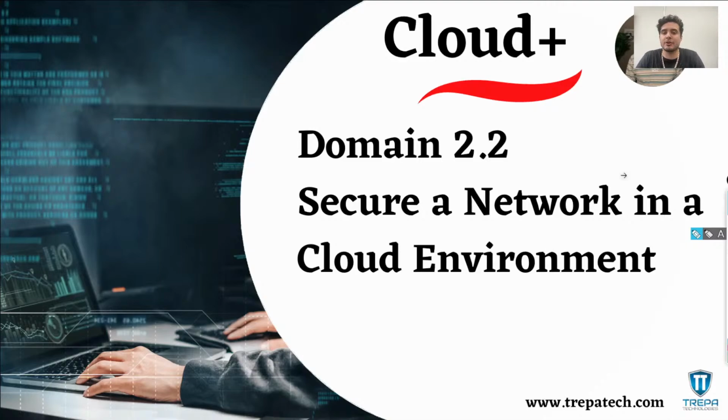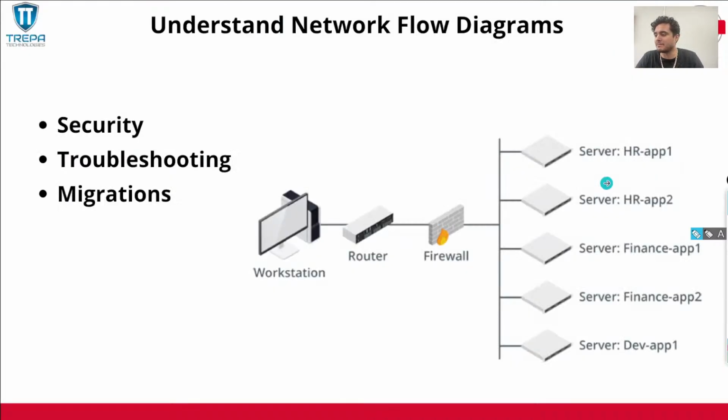This is going to be secure a network in a cloud environment. So what we're going to talk about here is, even though we're in the cloud and it's software-defined networking in the cloud, what tools do we have to secure our cloud? And again, a lot of the things that we did on-prem correlate or translate to the cloud. Not maybe on a one-to-one basis of technologies, but how we segmented, how we did logical segmentation, how we configured security with firewalls.